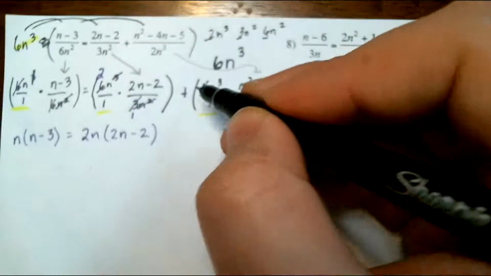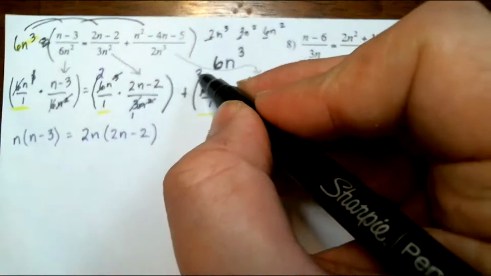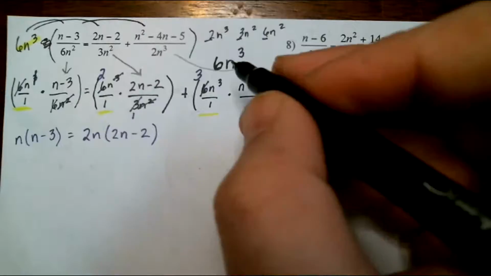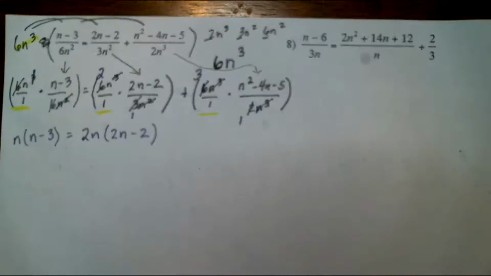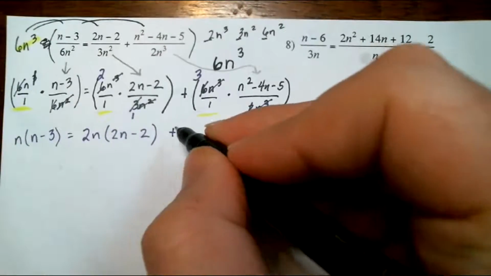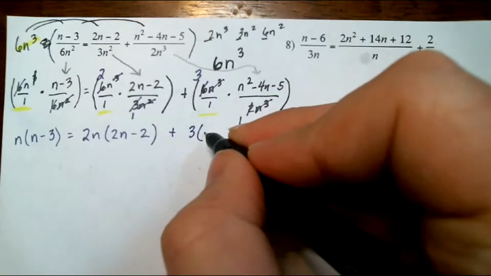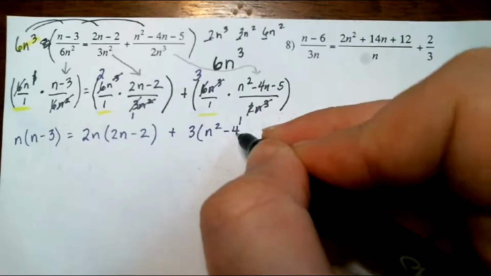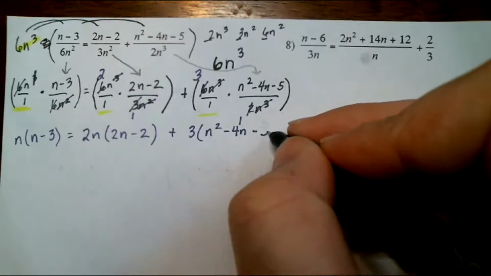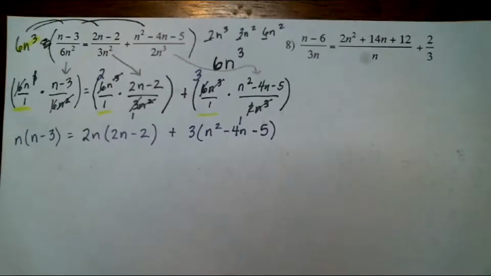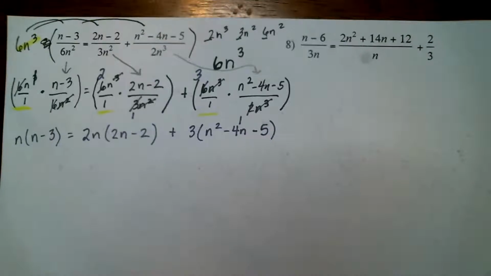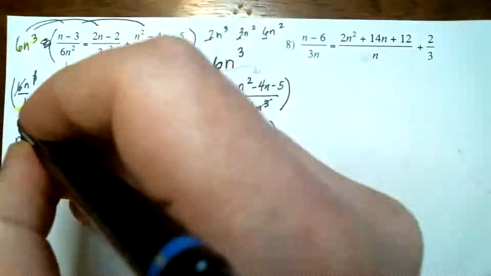It will go into 6 3 times. And the n cubes cancel, leaving me with plus 3 times n squared minus 4n minus 5. From there, I just need to distribute everything.